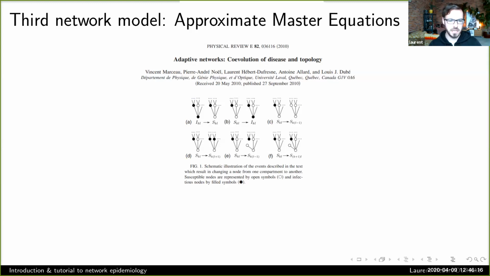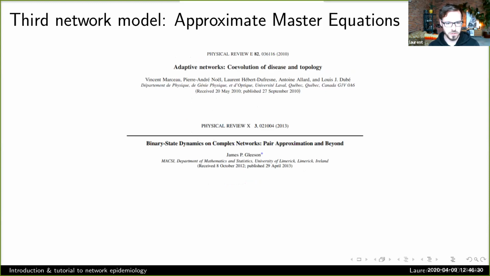Your neighbors can change, and you have a lot more possible states for every single individual. The math gets a lot more complex, but you can show amazing things, like localization of network dynamics around specific individuals. It's a really, really powerful approach. It's been formalized since. My favorite formalization is by James Gleeson in 2013. It's here on the screen.